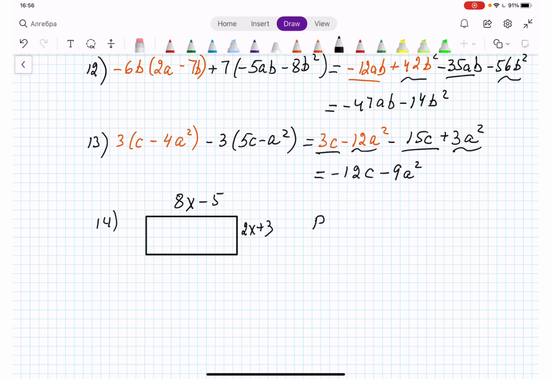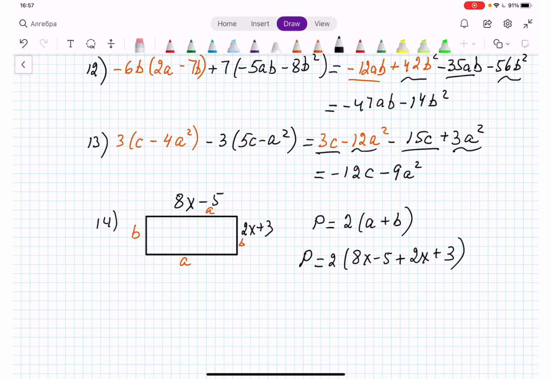If I mark down, this side is A, this side is B, so it's going to be equal to 2 times A plus B, because this is also A, and this also will be B. So A plus B times 2. Perimeter is equal to twice 8x minus 5, plus 2x plus 3.